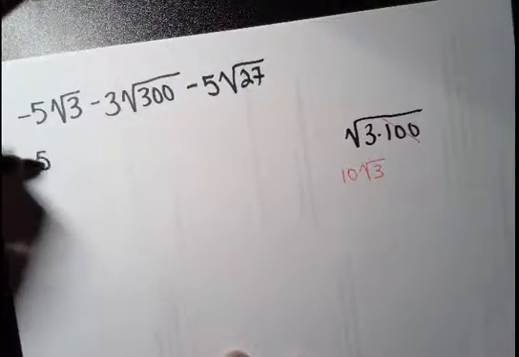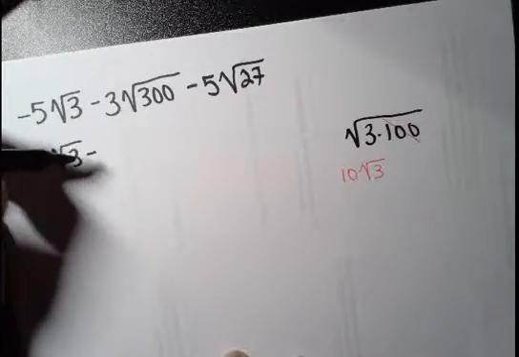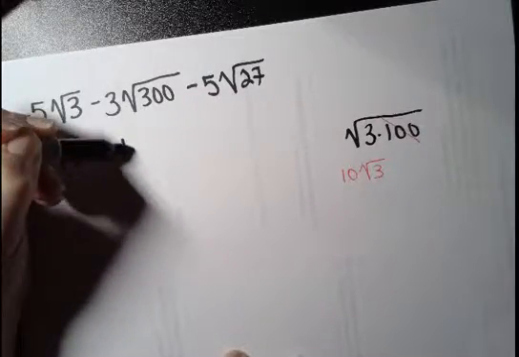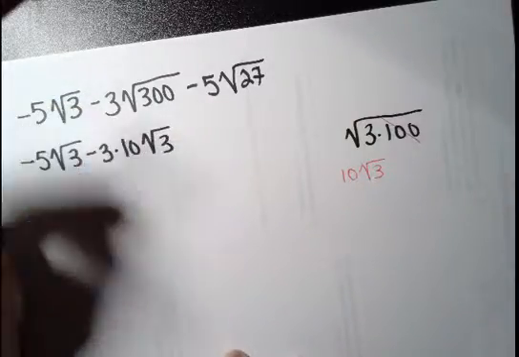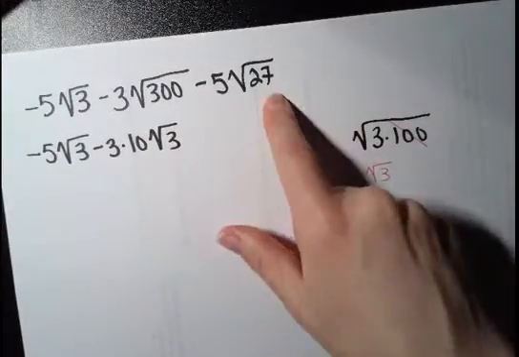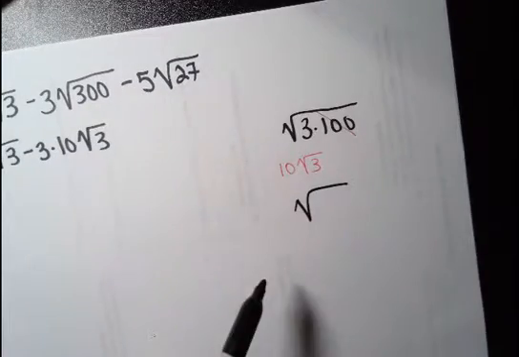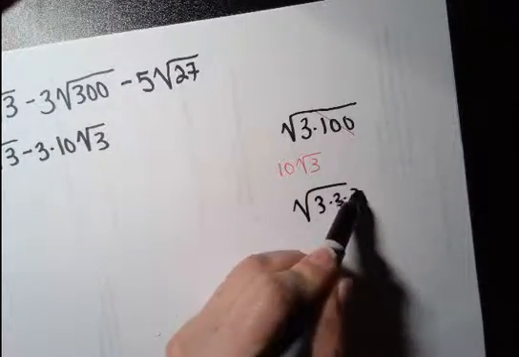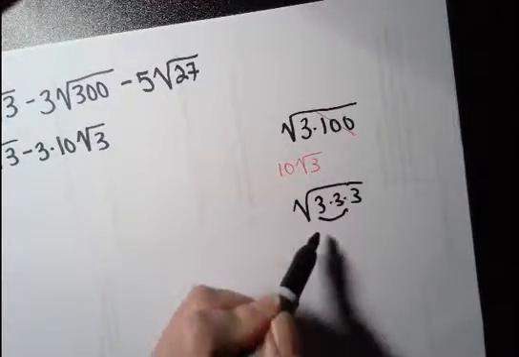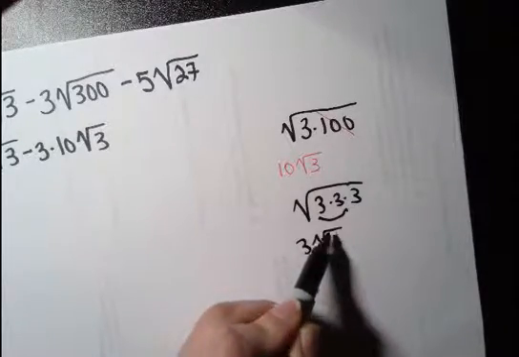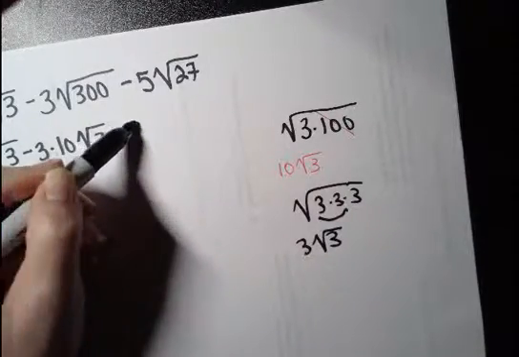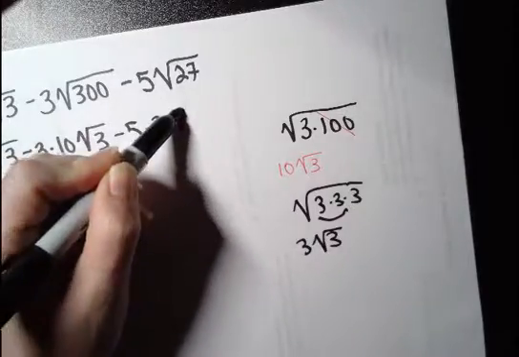So I have 5 rad 3 minus 3 times 10 times the square root of 3. And then 27, which we just did earlier, was 3 times 3 times 3. So remember we took out 3, and we had 3 radical 3. Minus 5 times 3 radical 3.